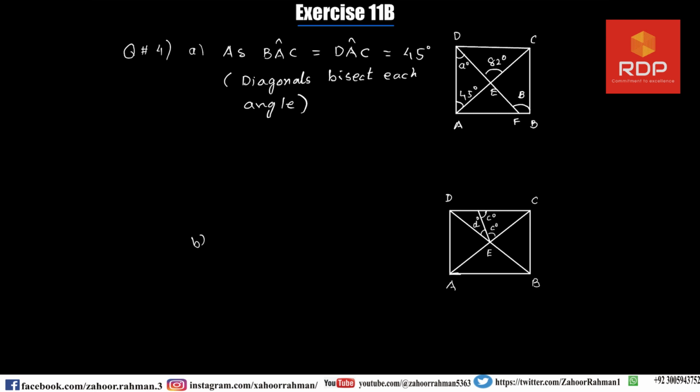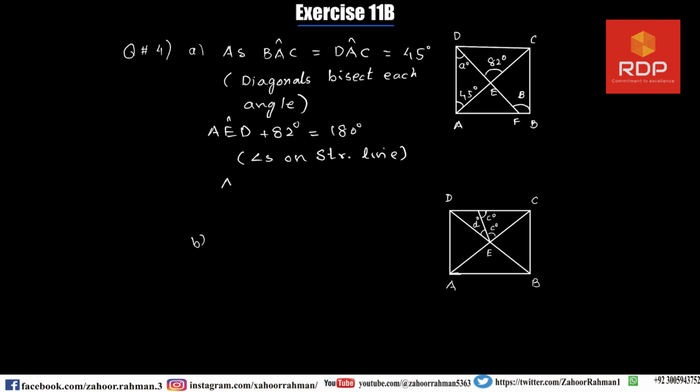Now next is this one. So this can be found by the straight line theorem. So we can say that angle AED plus 82 degree is equal to 180 degree by angles on a straight line.